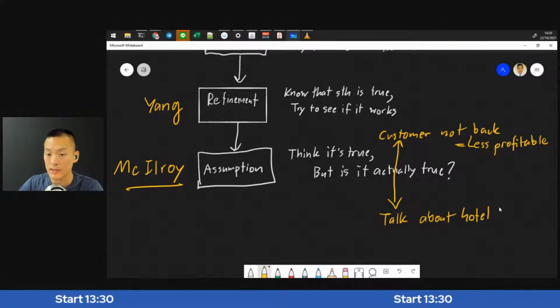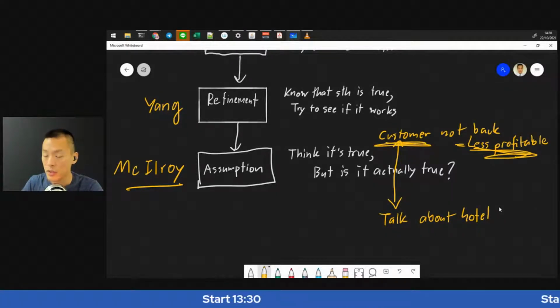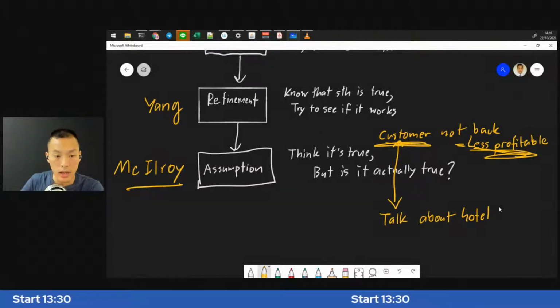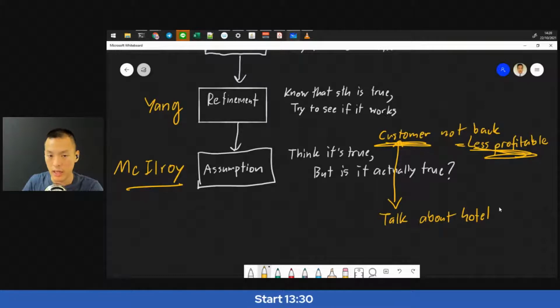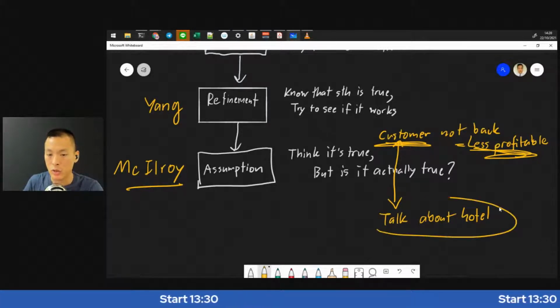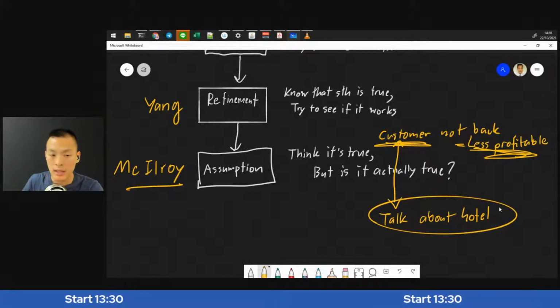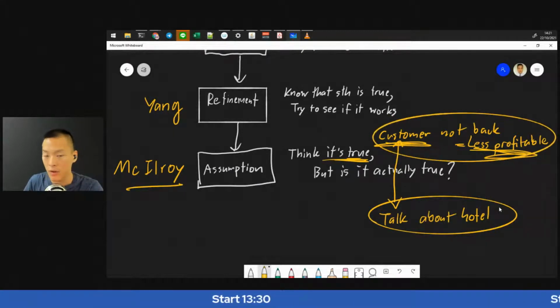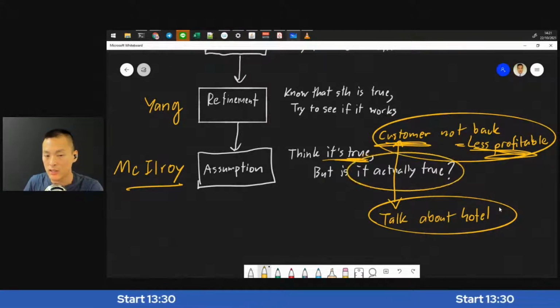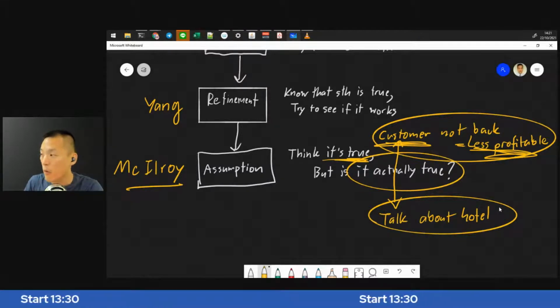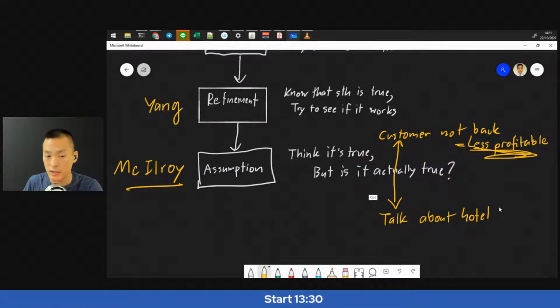In that case, even though you're not profitable from this specific customer, they might help bring you more customers. So if you're doing research at this level, like, they might not come back, but do they talk about your hotel? Then you take something that you think is true, that a customer not coming back is not profitable, and you just ask whether it's actually true or not. Boom, the assumption level of doing research.